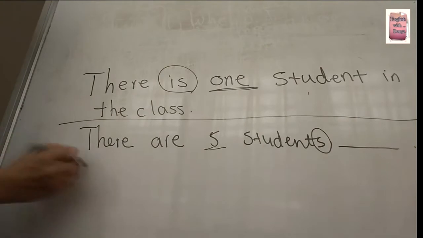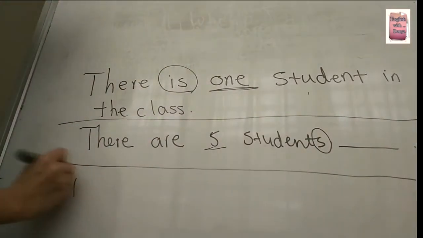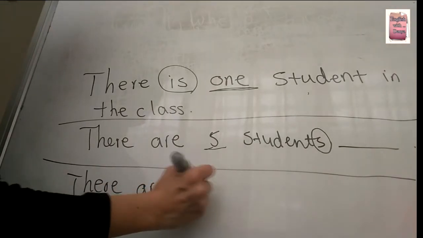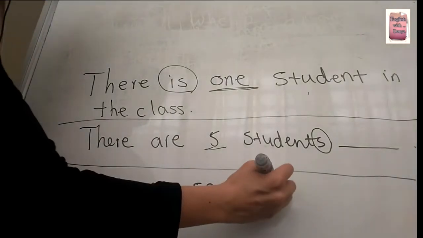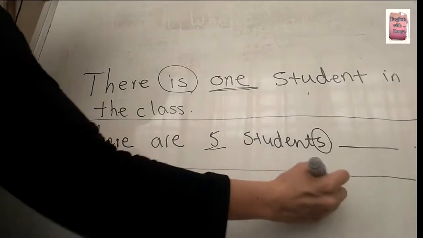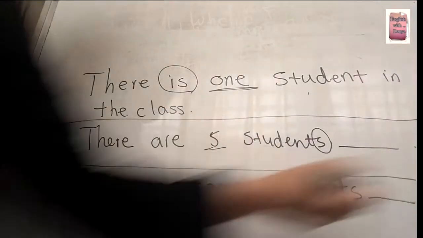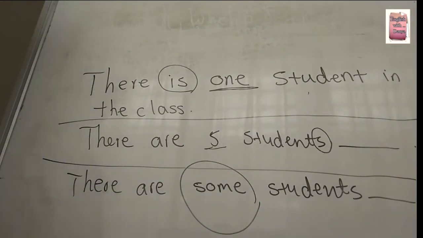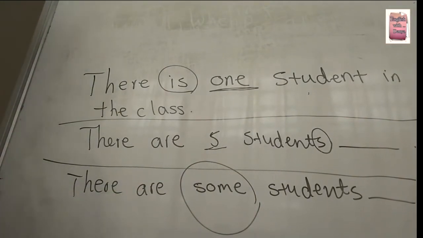But how about this sentence? There are some students in the class. We have some. What does that mean? It means that there are a number of students.